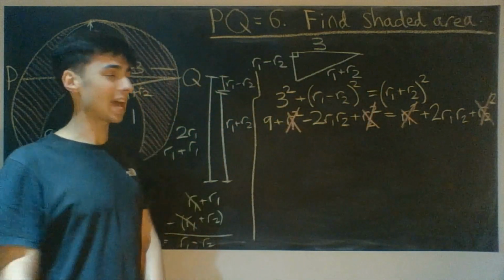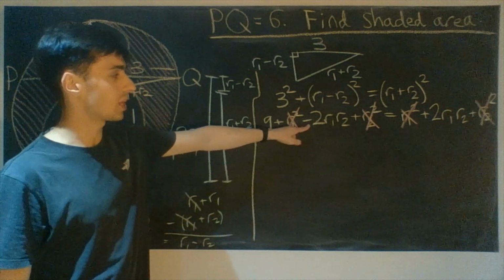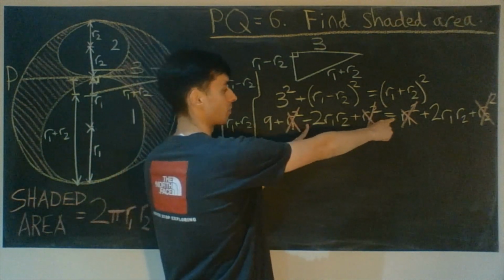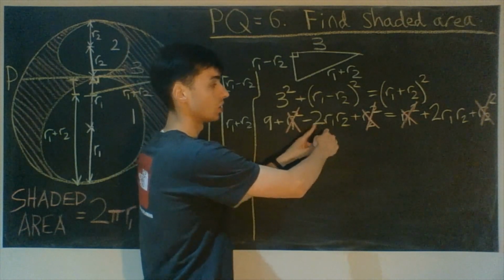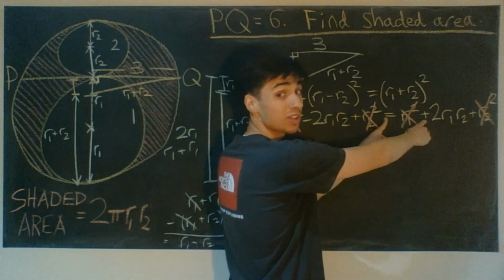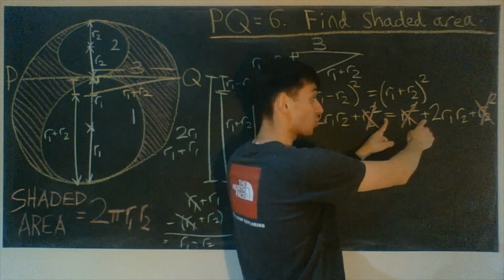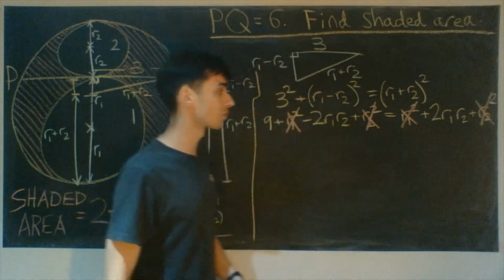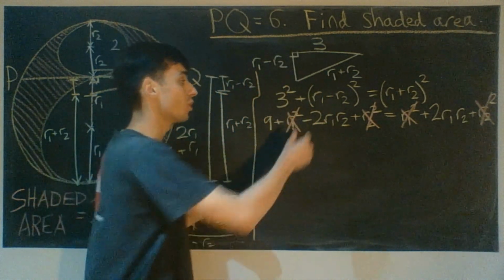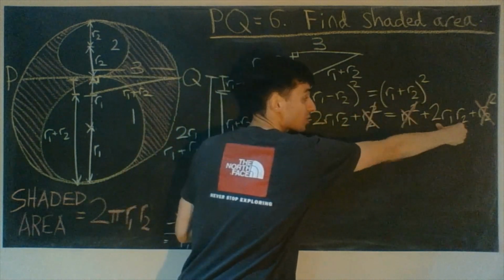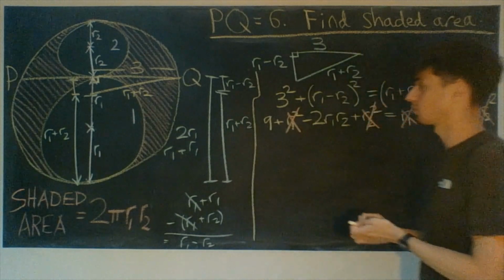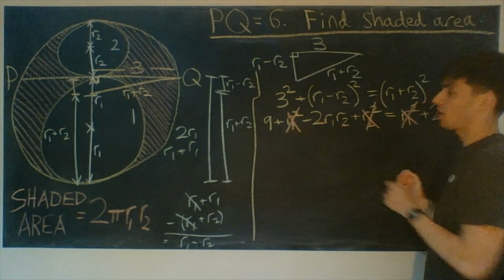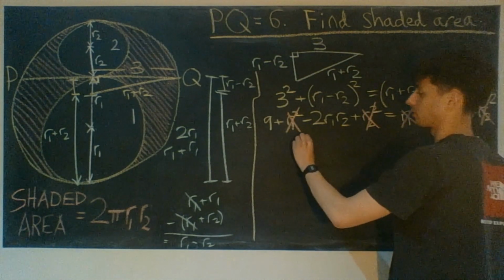What we must be careful with here though, is on the left hand side of our equals sign, we've got to take away 2 R1 R2. On the right hand side of our equals sign, we've got a plus 2 R1 R2. They don't cancel out. We need to add 2 more lots of this over to the right hand side. Let's do that. We're going to stick with our 9 then on the left hand side.